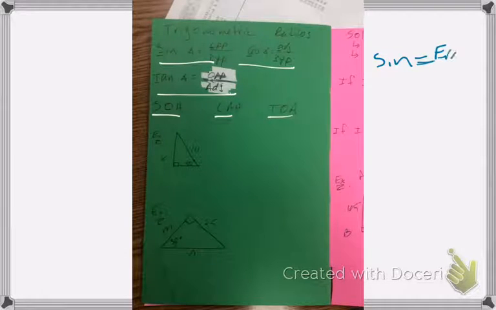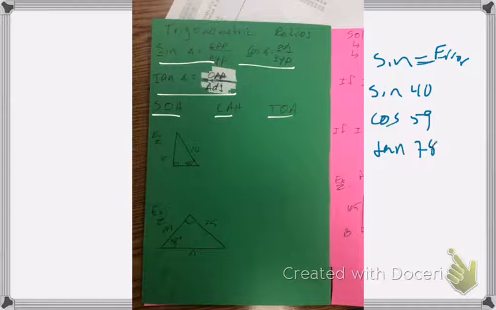The reason why is because sine, cosine, and tangent need an angle. They need an angle to reference. They need an angle to use. So sine and cosine will always have angle measures attached to them. They have to. Okay? Sine, cosine, and tangent use angles, and so they have to have angles attached to them.